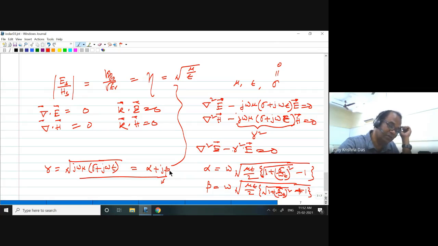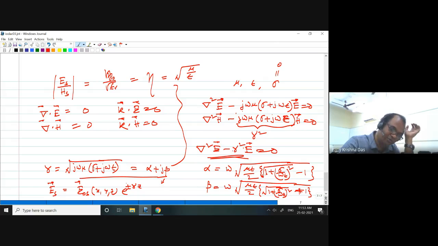In this case, the solution can be written as Es equals E0, which can be x, y, z dependent, times e to the power plus minus gamma z, if it is propagating along the z direction. Otherwise, you have to write gamma as a vector, dotted with r.